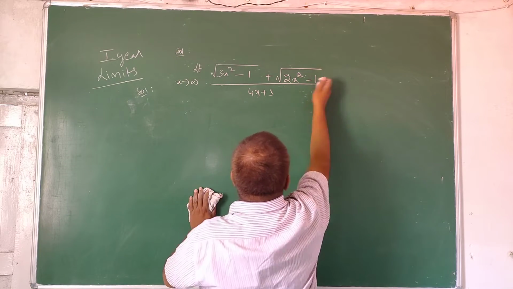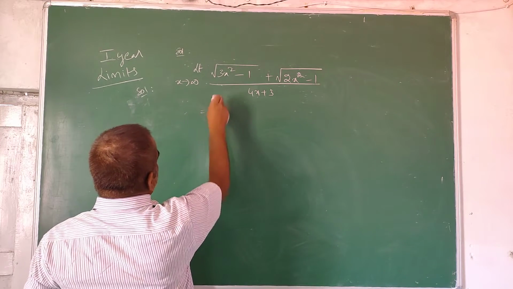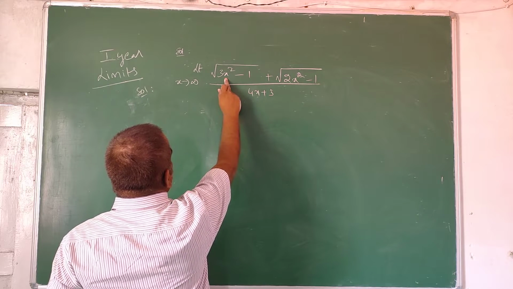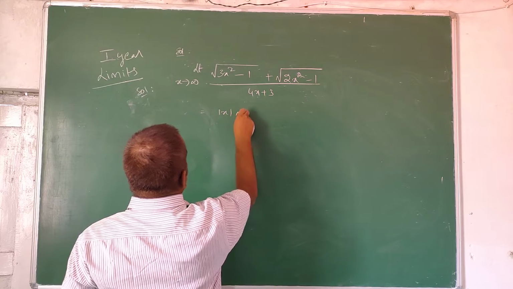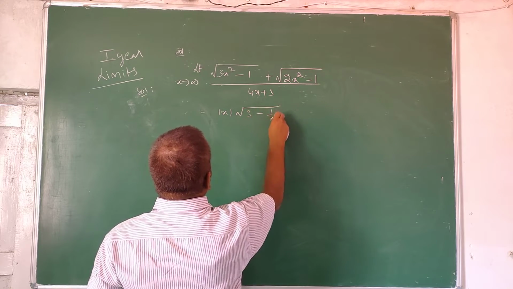Under the square root sign you take x square common, then outside it would be mod x and inside it would be 3 minus 1 by x square.